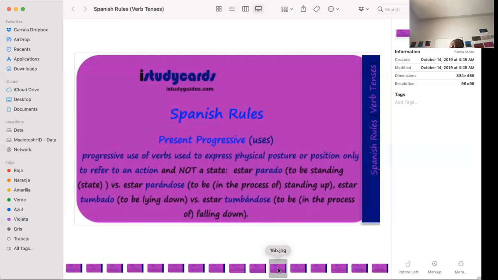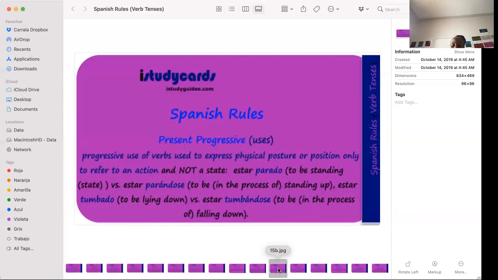So when you use the verb estar with the past participle, parado, tumbado, you're talking about the state you are in. You are standing or you are lying down.